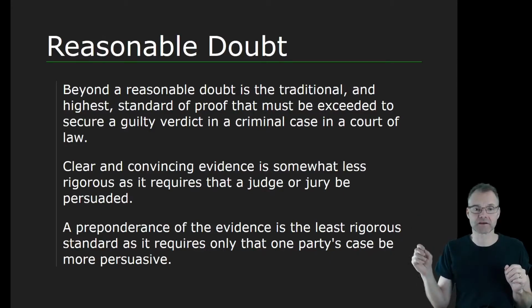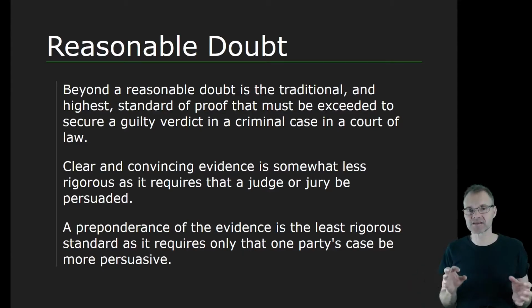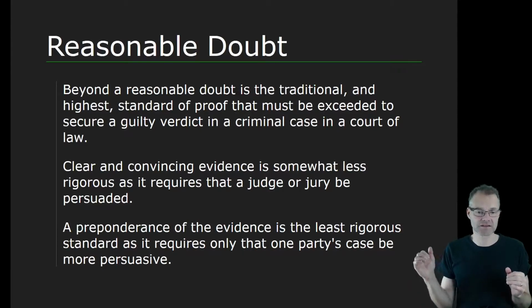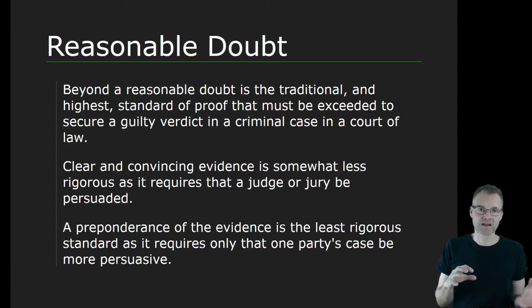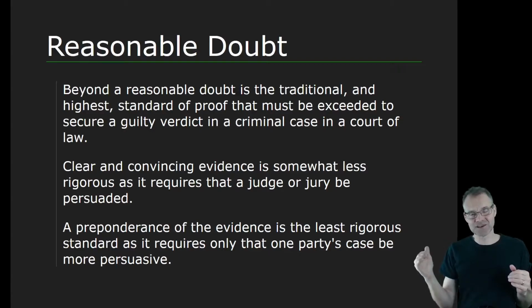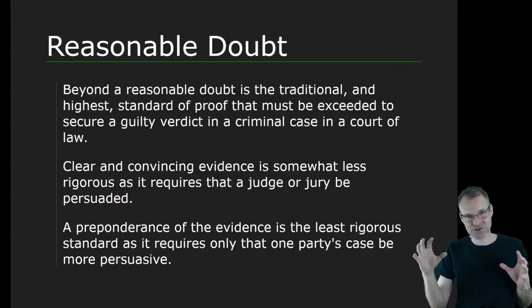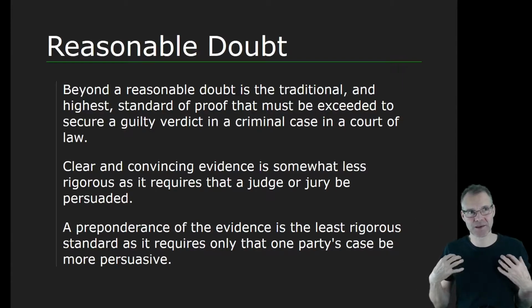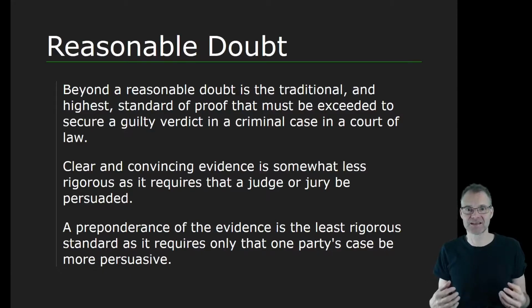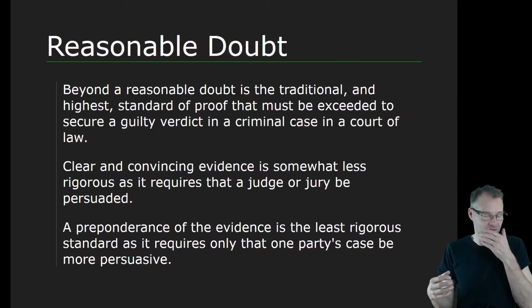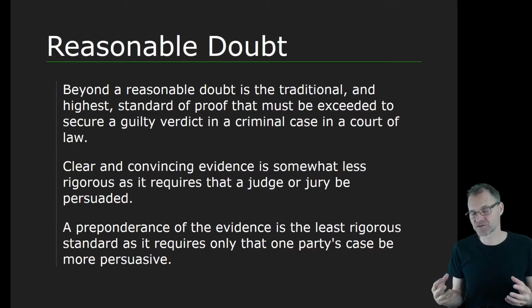Or the last one here, having a preponderance of the evidence. That is the least rigorous standard. It only says that one party should show that this is actually good code, and that is enough. So we have different levels, and I think we should also apply these levels when we look at these badges or processes of a software project.